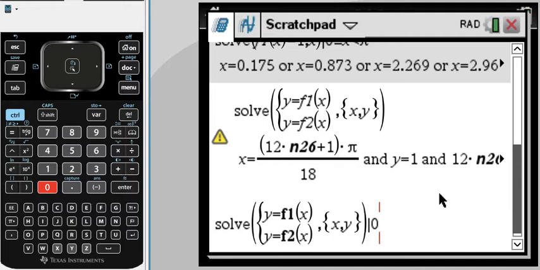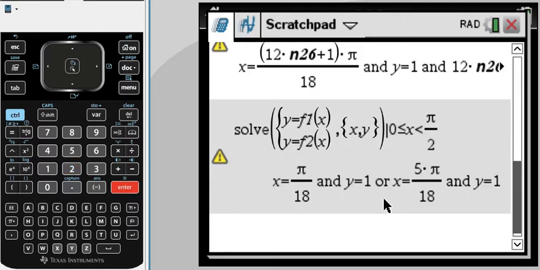I could do it on my calculator pad, but I can just type it. And now I'm going to see the solutions that only come within the window 0 to pi over 2: pi over 18 for x, y is equal to 1, and 5 pi over 18, y is equal to 1. So constraints are nice to deal with, especially when you're dealing with equations that have infinitely many solutions.